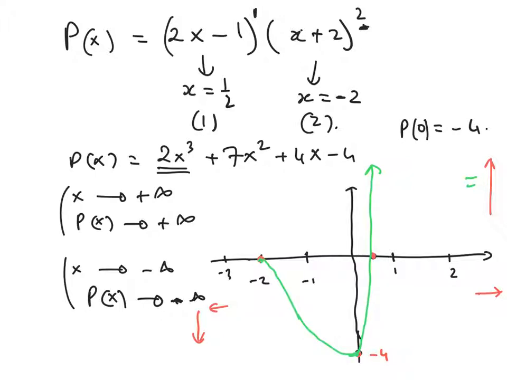Here at the 0 it will touch only, and then it needs to go down in accordance with this. So this is a rough sketch of our polynomial, which we have obtained by factoring and finding the zeros, and also the behavior as x becomes very large and x becomes very small.